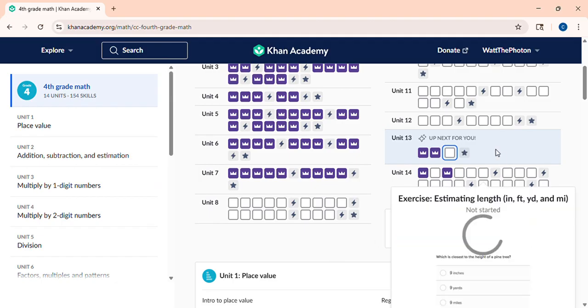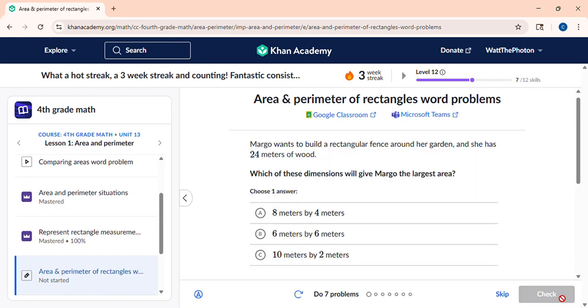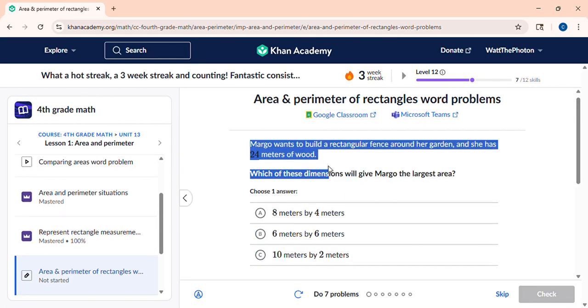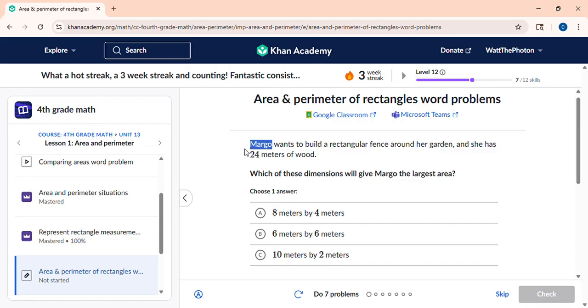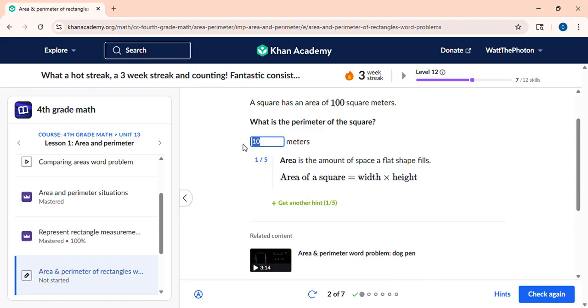Let's do, we'll just do this one. Margot needs a rectangle fence. She has 24 meters. The largest area. Not perimeter, I misread that. Oops. Oopsie daisy.